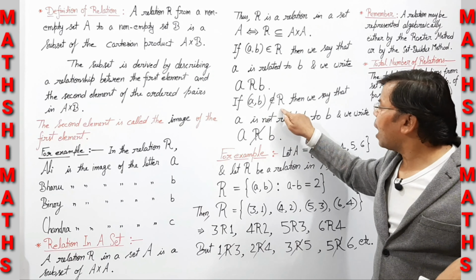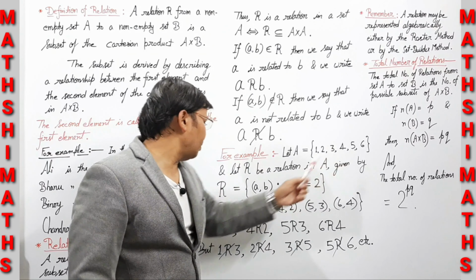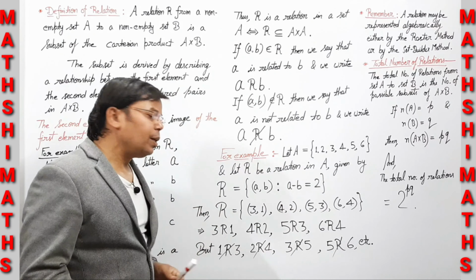For example, let the elements of set A be 1, 2, 3, 4, 5, 6. And let R be a relation in set A, given by R equal to the set of all ordered pairs A, B such that A minus B is equal to 2.